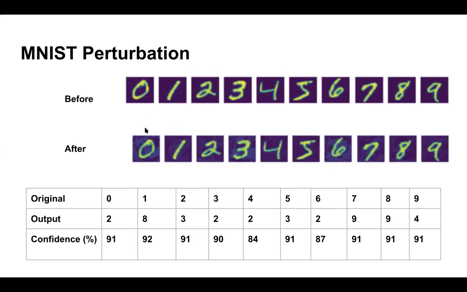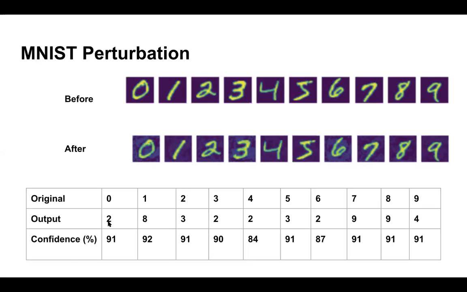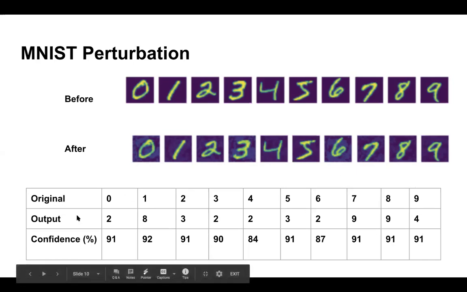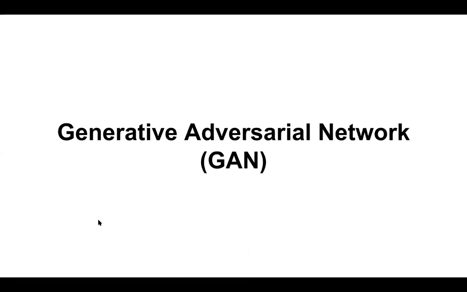Maybe the background changed a bit, and yet the neural network will predict something different. So let's say this is 0, it will predict that it's a 2 with 91% confidence, which is very, very surprising, right? You can see that this is the original number, and then it will just predict something else.